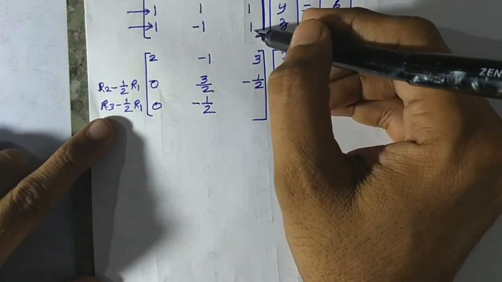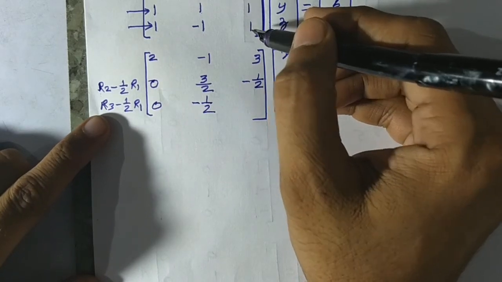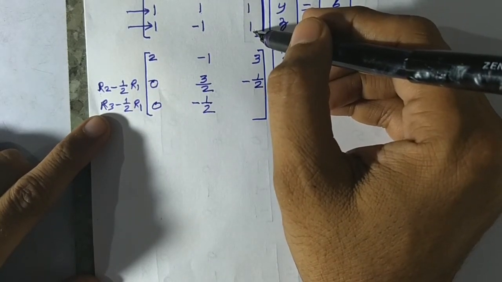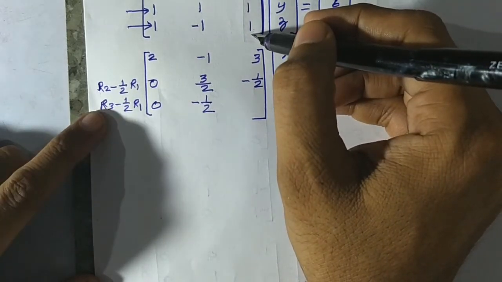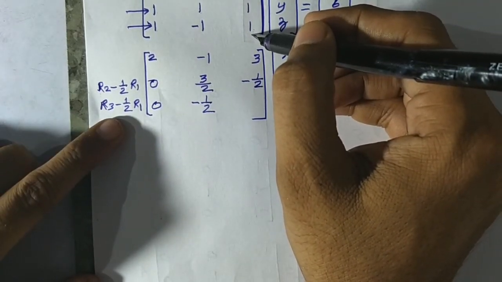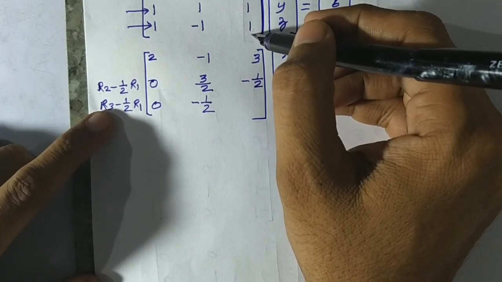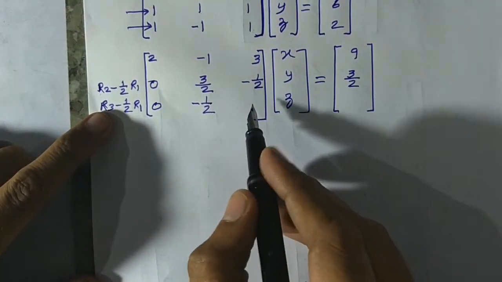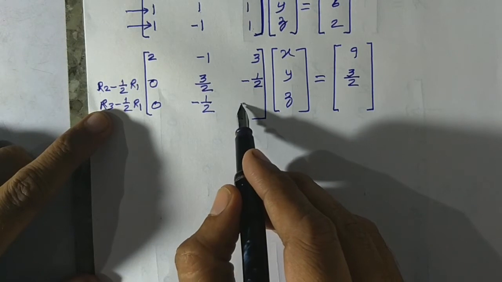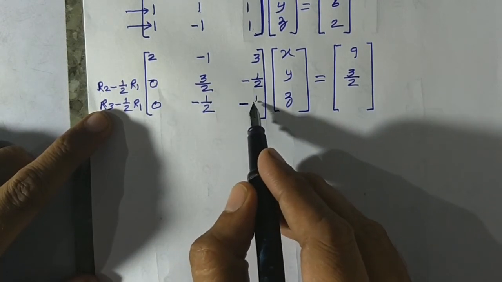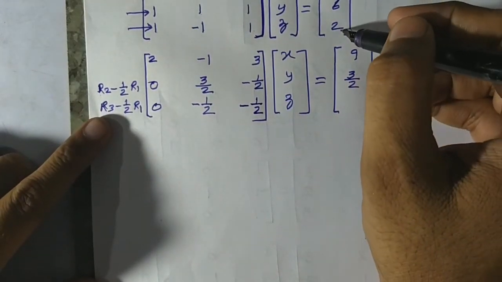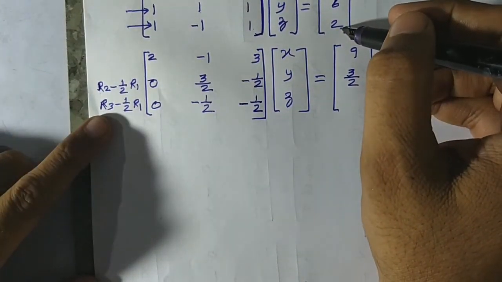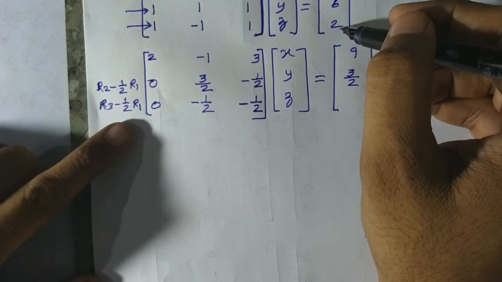Now come to the next element in R3. The element of R3 is 1 and the element of R1 is 3, so we write 1 minus half into 3, that is 1 minus 3 upon 2, that is minus 1 upon 2. Now on the right hand side, R3 is 2 and R1 is 9.